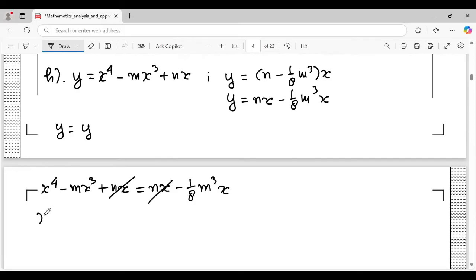Next it becomes x power 4 minus mx cubed plus 1 over 8 m cubed x equals 0.